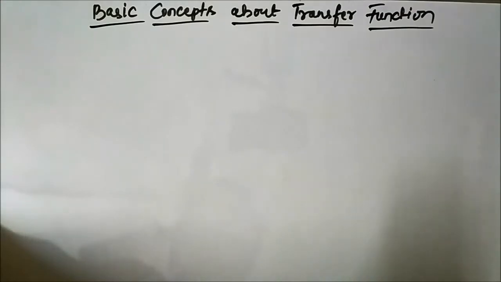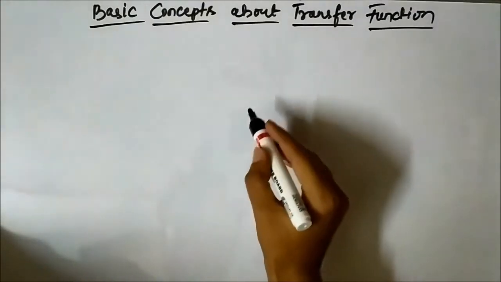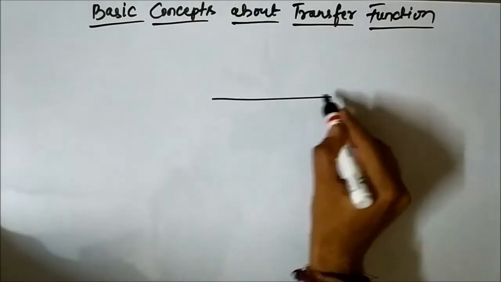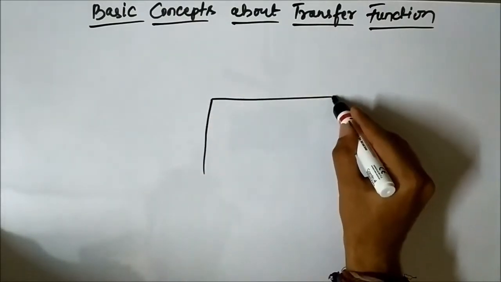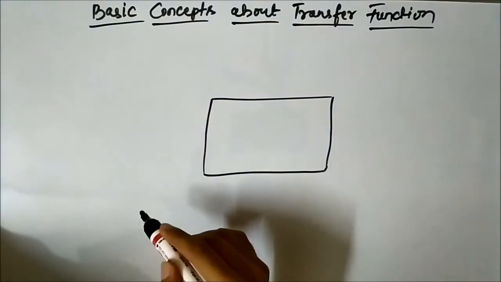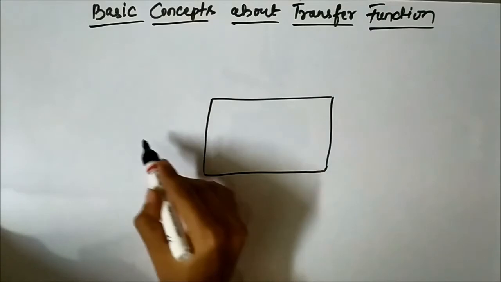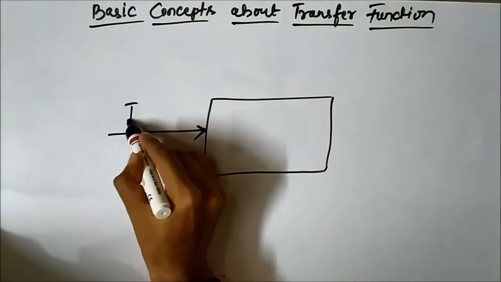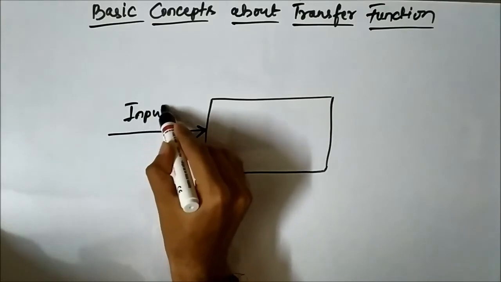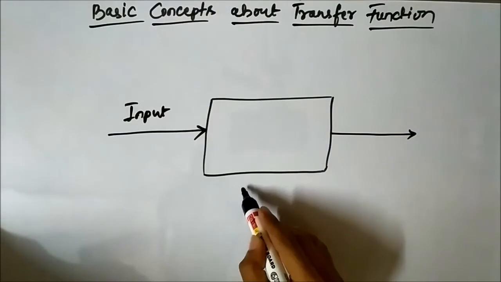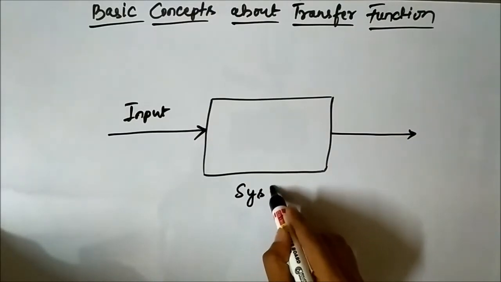So let us say we have a system, represented by a block. We give it an input and we get an output. This is the system.